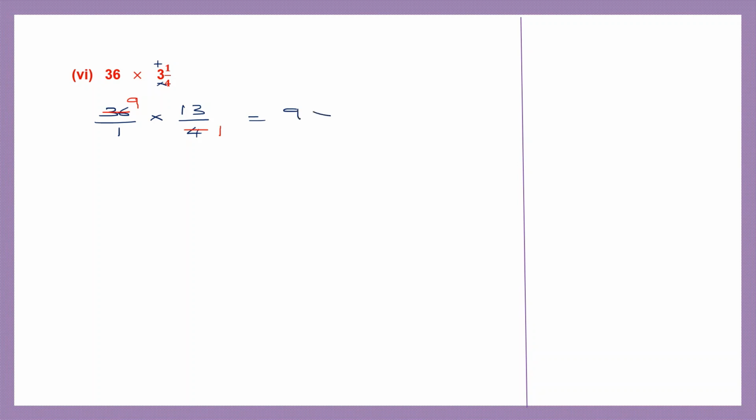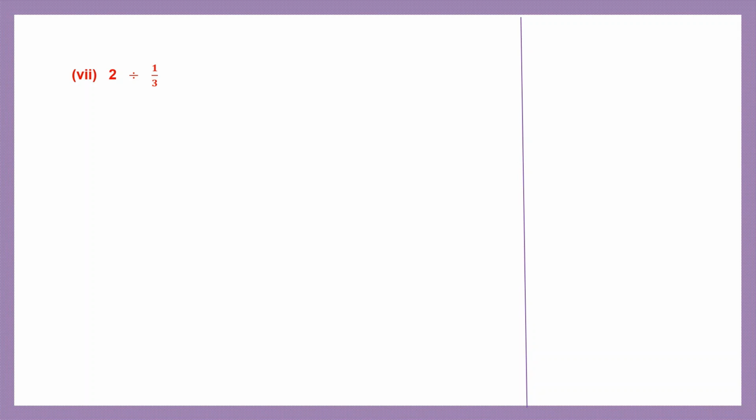We have 9 into 13, and in the denominator we have 1 into 1. So let's multiply 13 into 9. 9 3's are 27, carry 2. 9 1's are 9, 10, 11, 117. So here we have 117 by 1. So our final answer is 117.